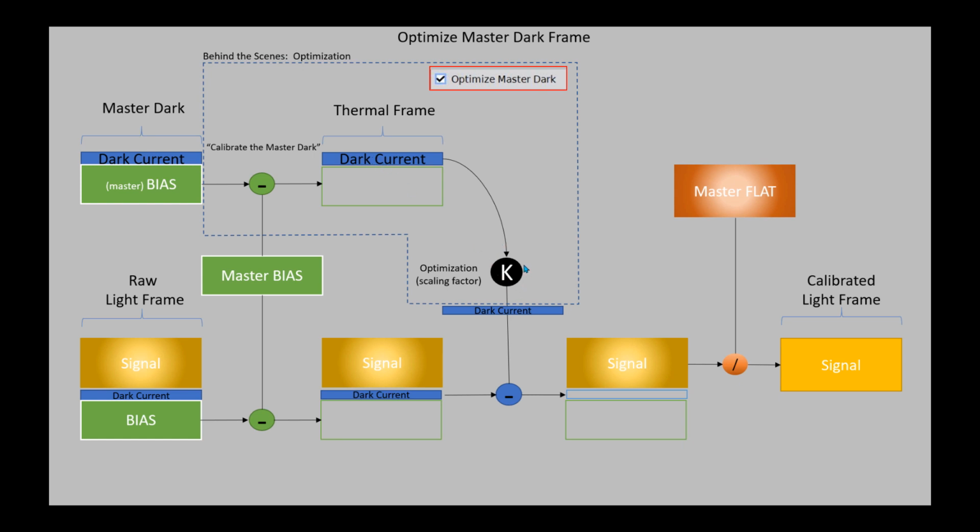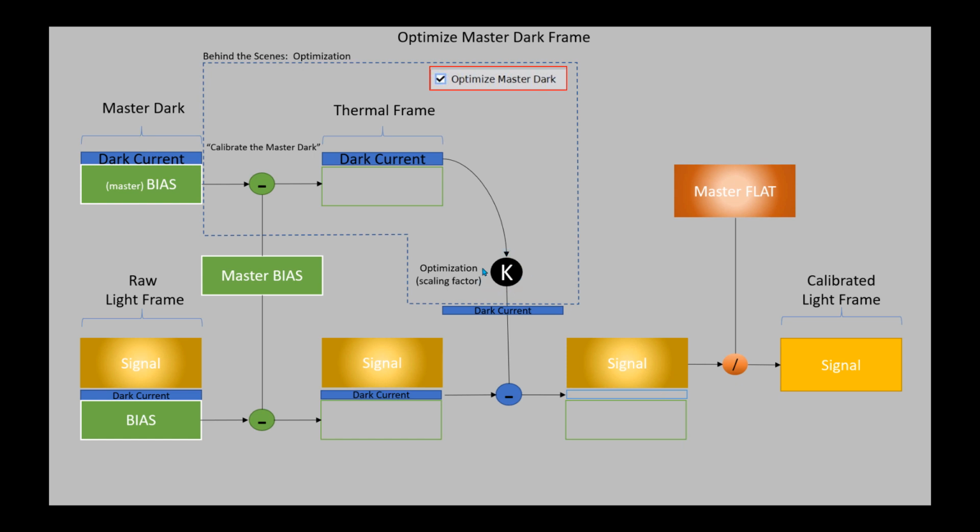So it's varying the scaling factor, subtracts again, measures the noise. It keeps doing that iteratively until it settles on the image that has the least amount of noise for the subtracted portion of this thermal frame. That's the optimization process. So it iteratively discovers what that scaling factor should be, and then, of course, it chooses that result to do the final subtraction to give us our best answer.